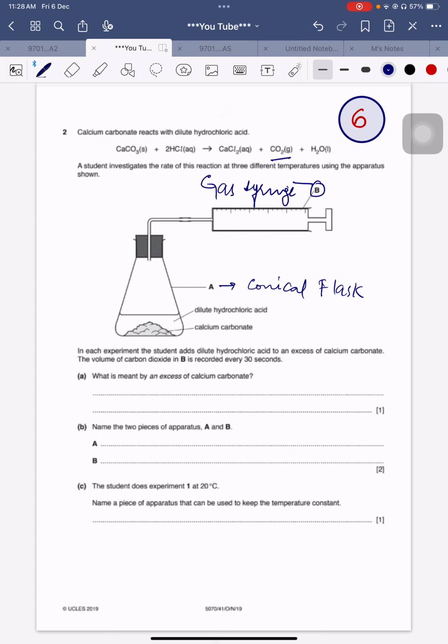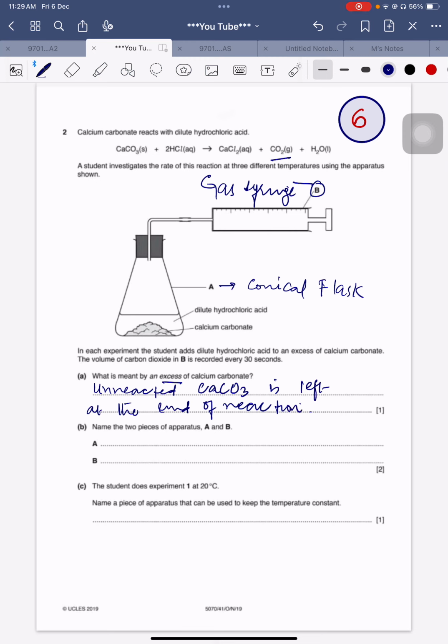It means that all the hydrochloric acid has reacted, and unreacted calcium carbonate will be left at the end of the reaction.